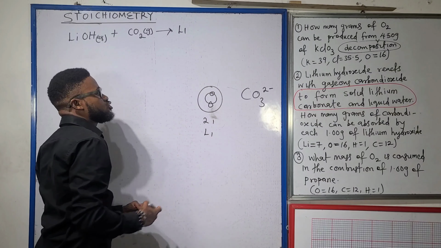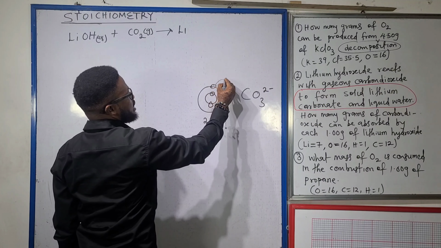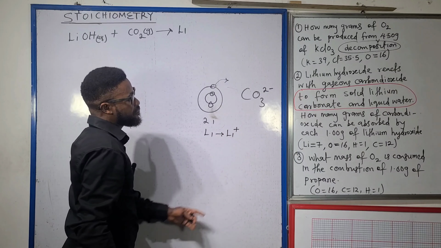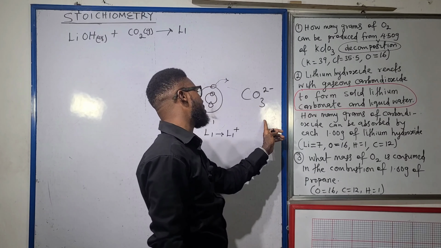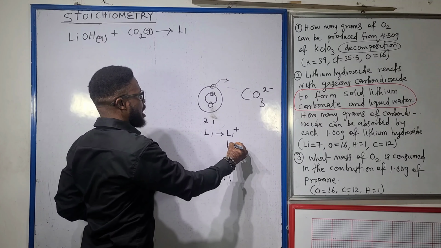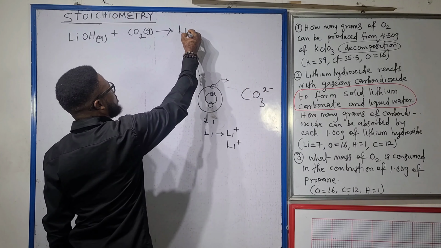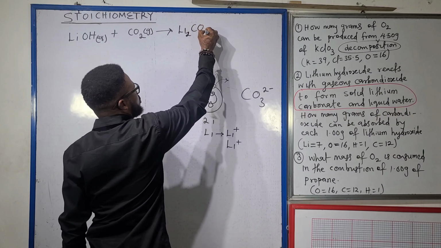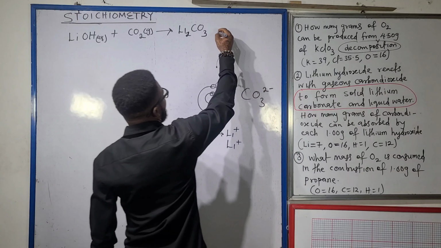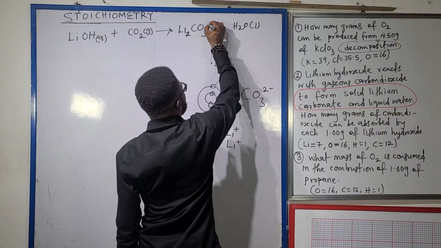For lithium to attain a duplet electronic configuration, it needs to give out this one electron, so that lithium becomes Li plus. But this carbonate radical is 2 minus, so we will need another Li plus to balance it. That is why your lithium carbonate is going to be Li2CO3, to form solid lithium carbonate and liquid water, H2O.